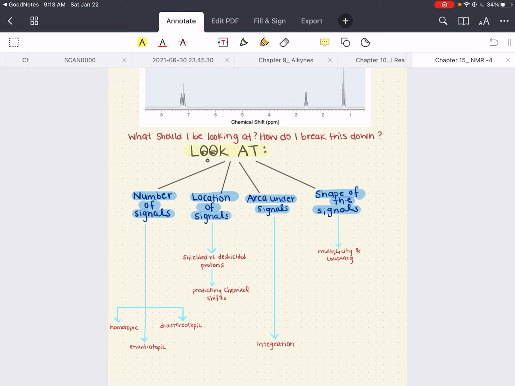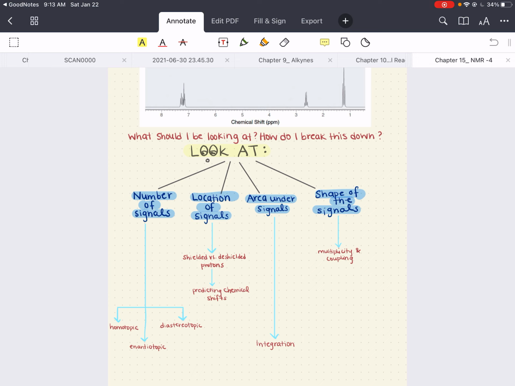Now, these terms shielded and deshielded, we're going to get into along the lines, but they refer to the strength of the external magnetic field protons are experiencing because of the electrons. So the proton is said to be shielded if it experiences a smaller external magnetic field because of the electrons, and vice versa.